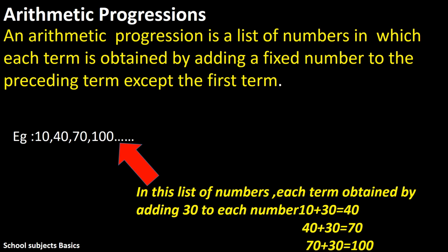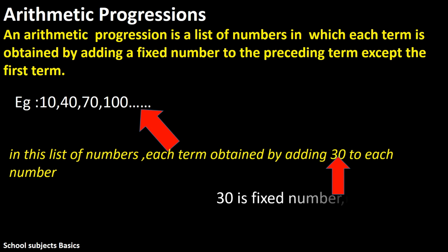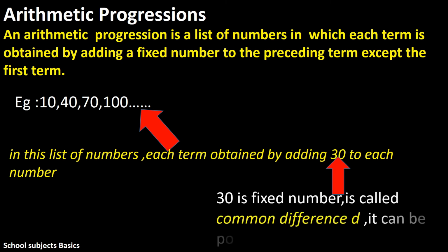Once again, arithmetic progression means a list of numbers in which each term is obtained by adding a fixed number to the preceding term. So this forms an arithmetic progression, since a fixed number 30 is added each time. So this forms an AP.